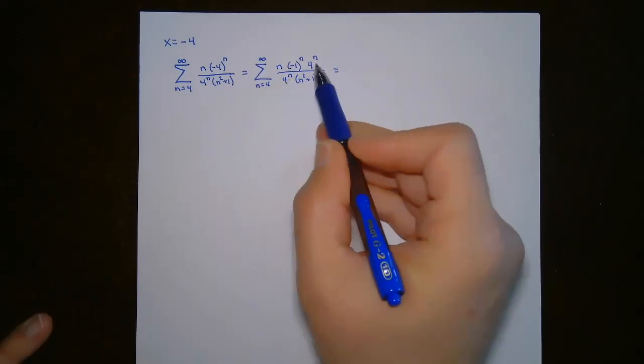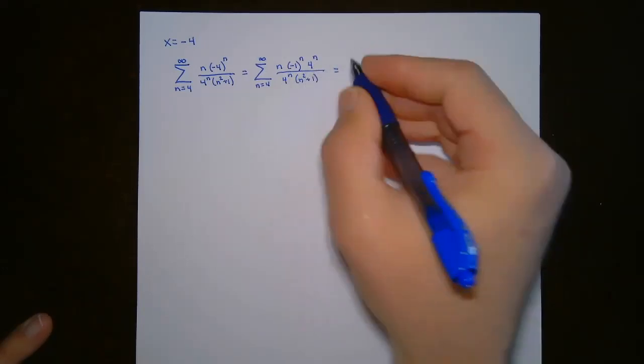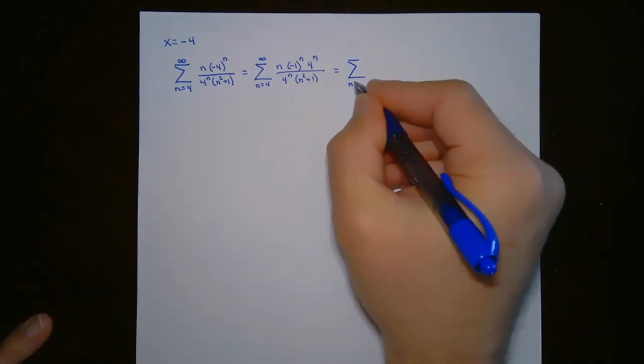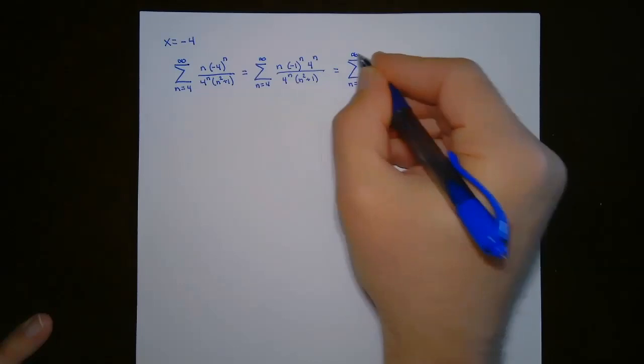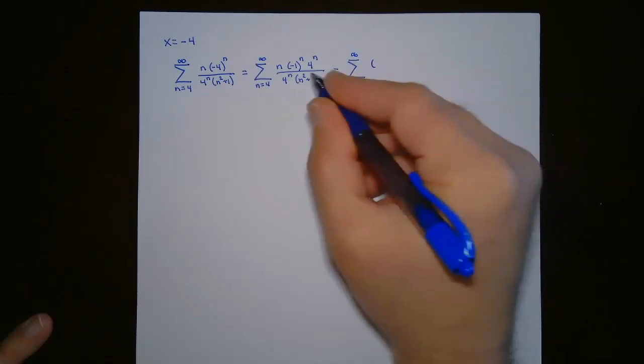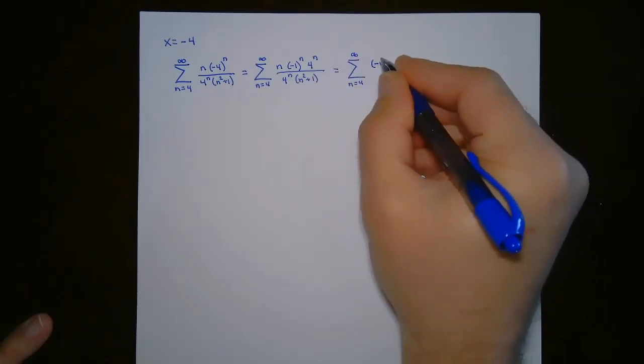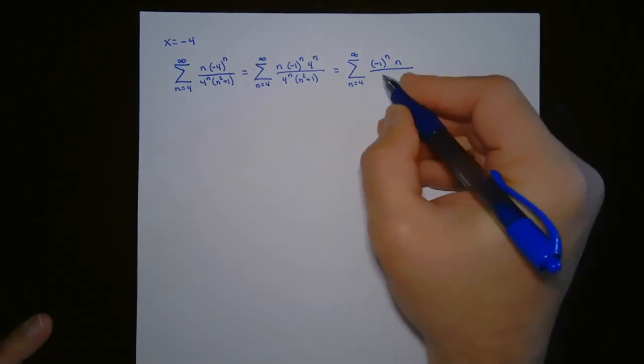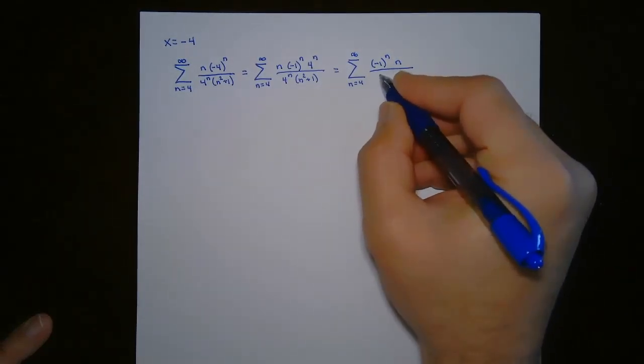Okay, so 4 to the n, 4 to the n, those are going to cancel, and this could be written as the sum from n equals 4 to infinity of negative 1 to the n times n over n squared plus 1.